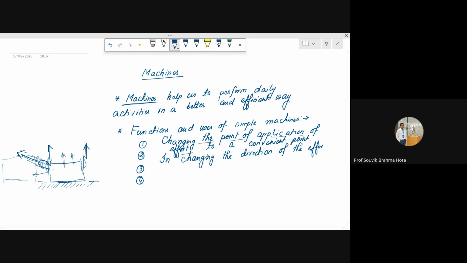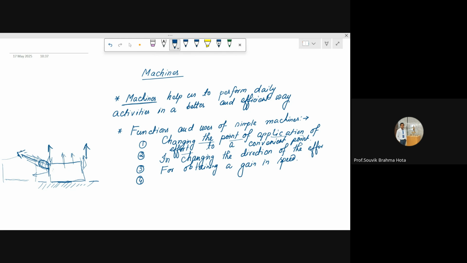Next, obtaining a gain in speed. If you want to increase the speed, then also you need a machine. Suppose you have an engine, also a kind of machine.